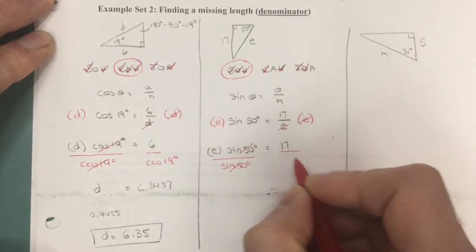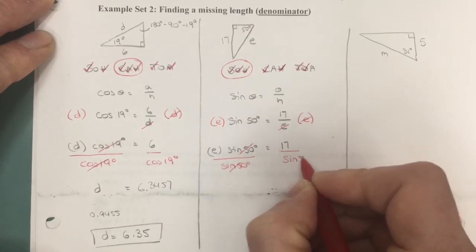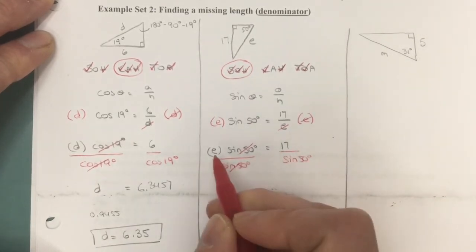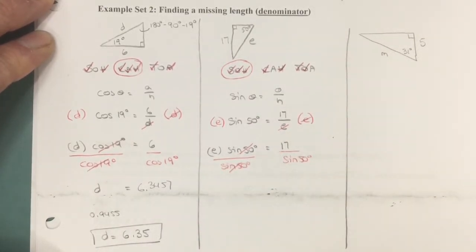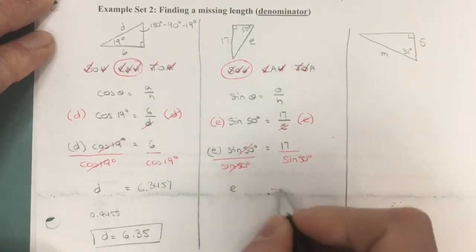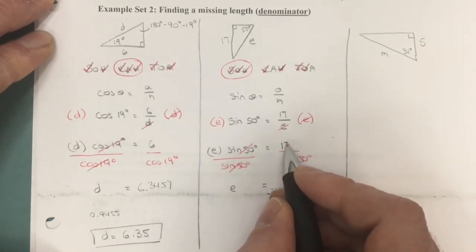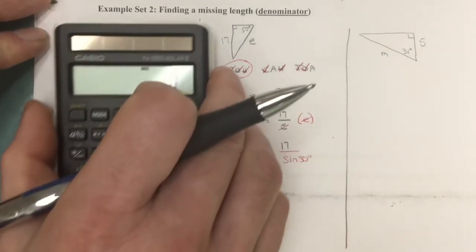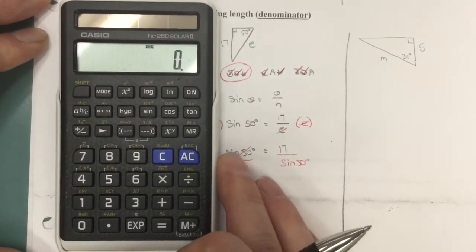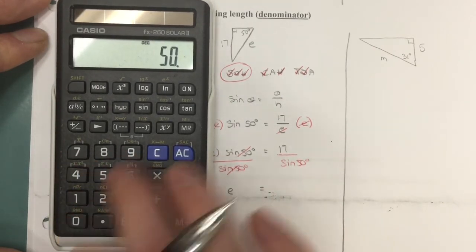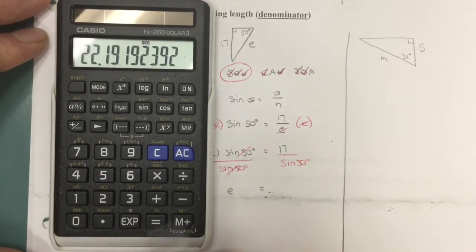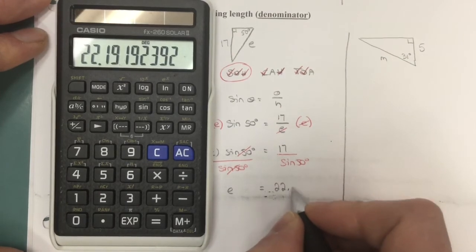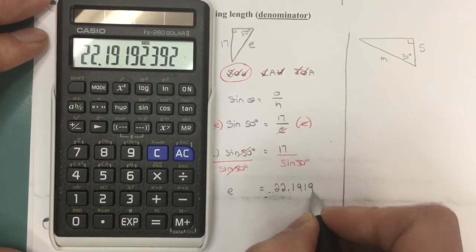What we do on the left side, we also need to do on the right side. And so now I will be left with E on the left-hand side. And on the right-hand side, I can actually calculate 17 divided by sine of 50. And that answer is 22.1919.